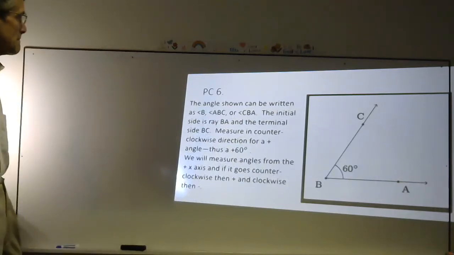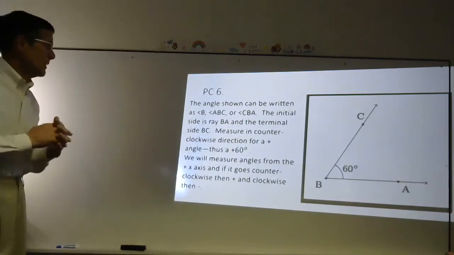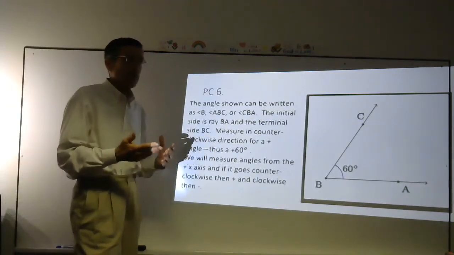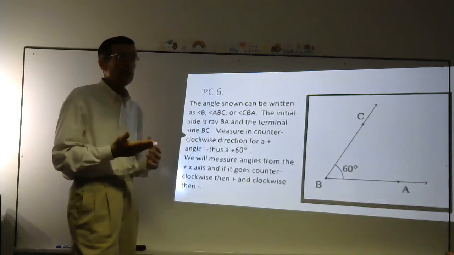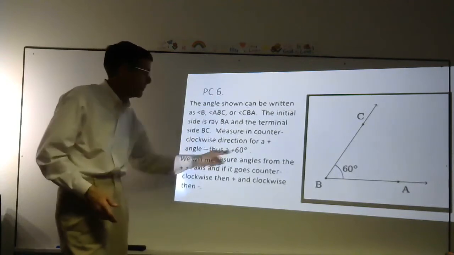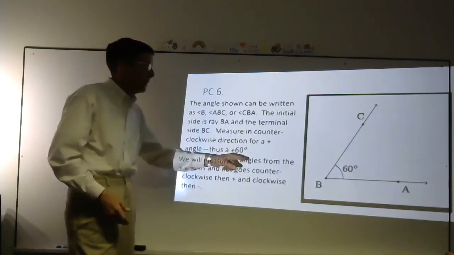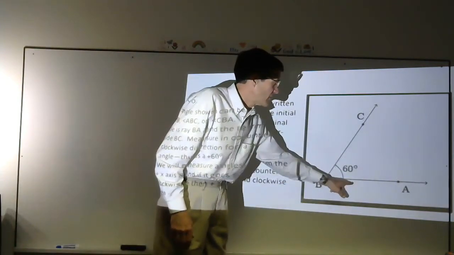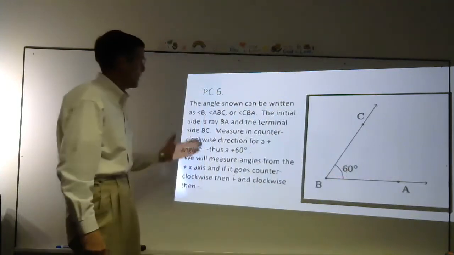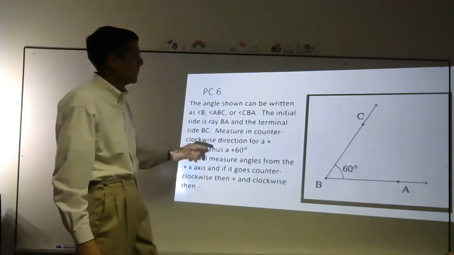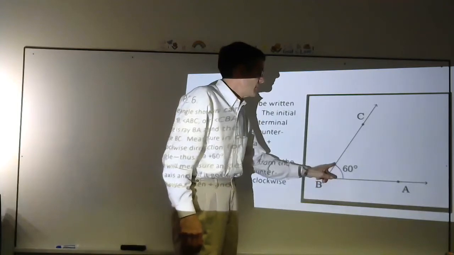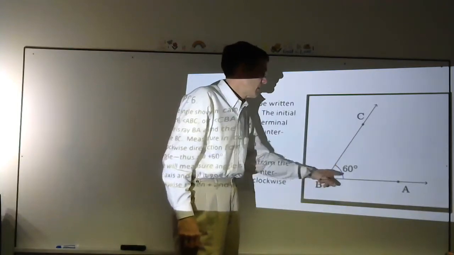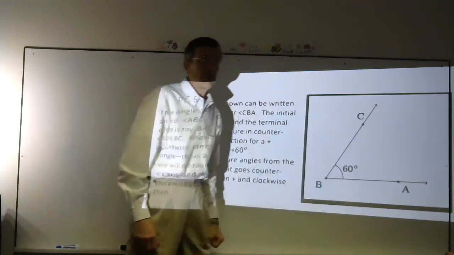Now, the initial side, we're going to think about angles as always starting on the positive x-axis, which goes to the right, correct? So ray BA is on the positive x-axis. If it goes counterclockwise from the initial side to the terminal side where it ends, terminal means stopping, this is a positive 60-degree angle.